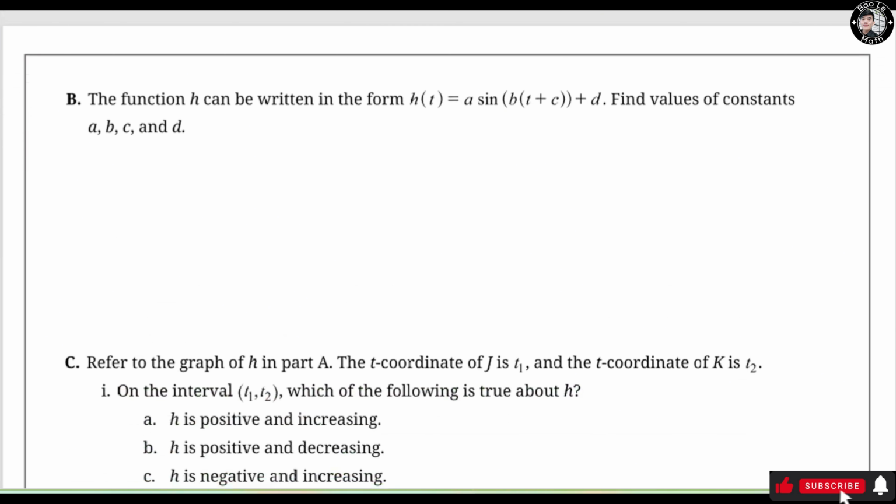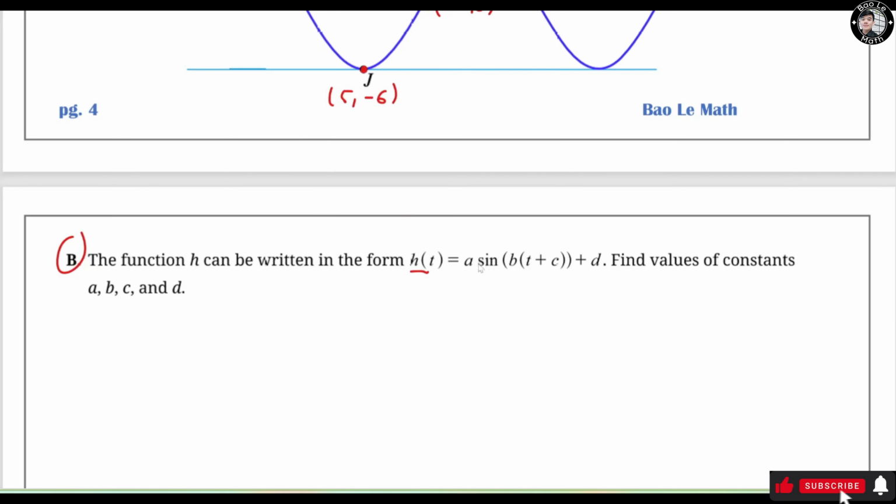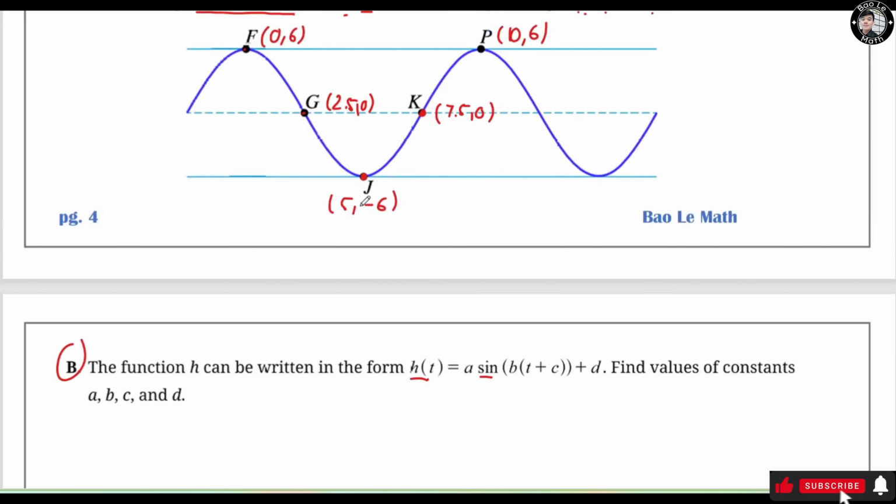Now question B. The function h can be written in the form h of t equals a times sine of b times t plus c, plus d. Find the values of constants a, b, c, and d. Now you know that the function starts at the midline, so the answer varies.